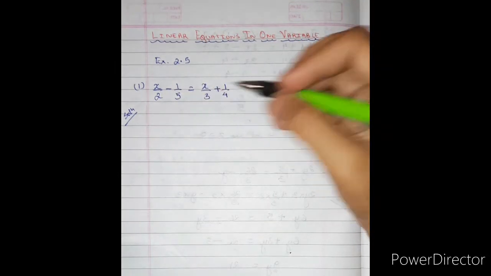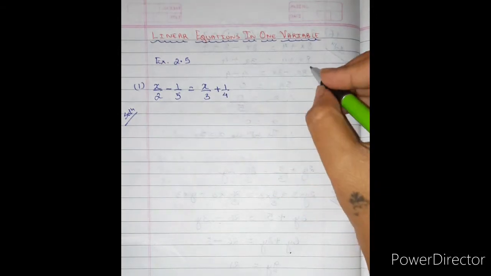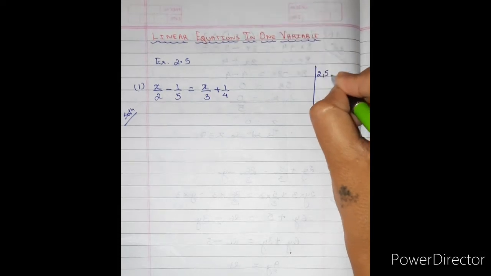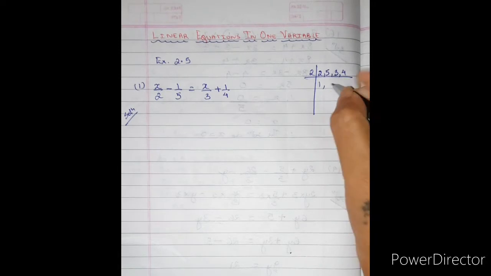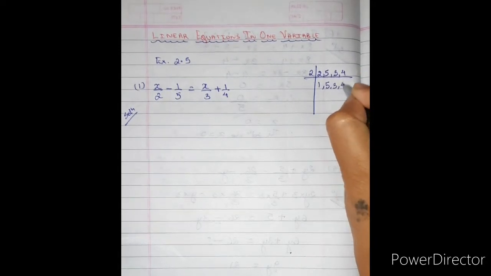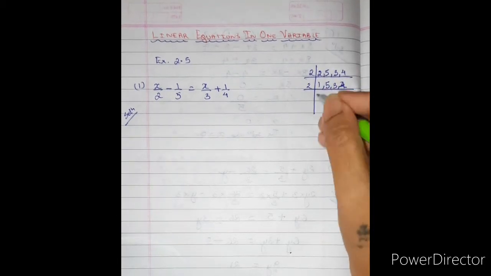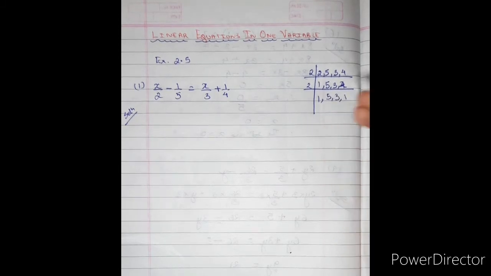If you look at the numbers, the LCM will be of 2, 5, 3 and 4. We can work out the LCM by taking the denominators out. Remember, we have to take prime numbers. Table of 2, ones are 2. 3, 2 ones are 2.